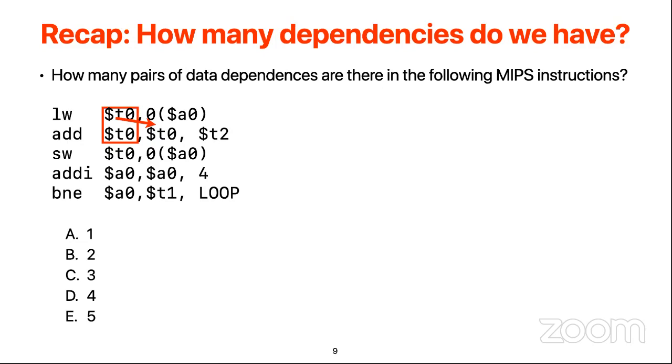If you look at the outputs of the instructions we have, only the T0 of load word, add immediate, and branch not equal are outputs. Any later instruction depending on them will create a data dependency. Other than that, it's not a data dependency. A lot of you are saying store word, but this is a source. This is also a source.